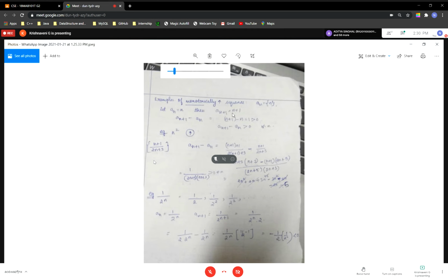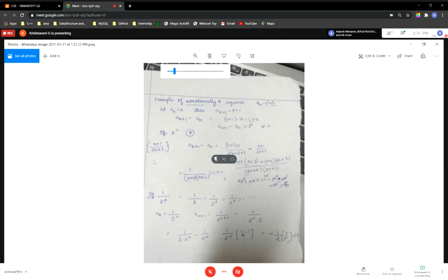An equal to n, an plus 1 equal to n plus 1. Then find an plus 1 minus an. An plus 1 is n plus 1, minus an is n. Here we are getting 1, which means this is greater than 0, a positive number.